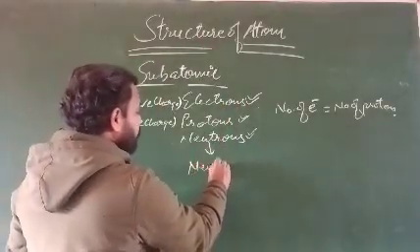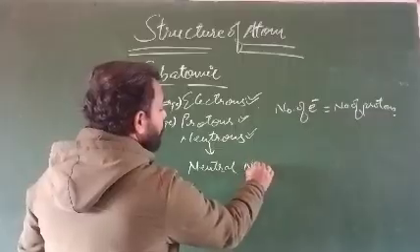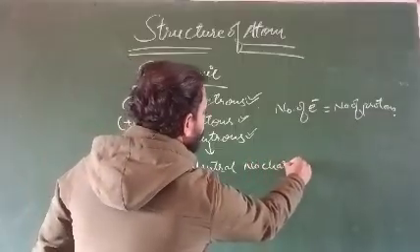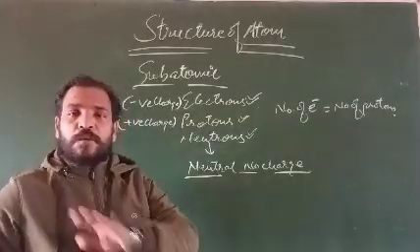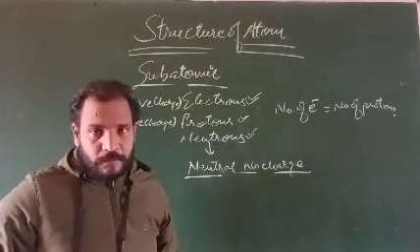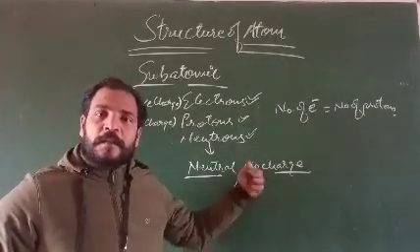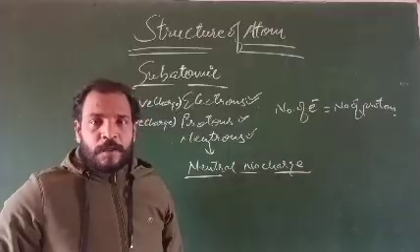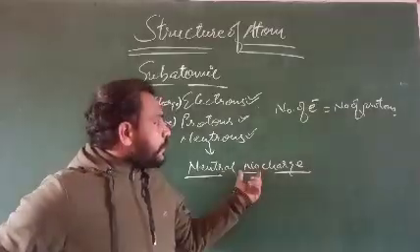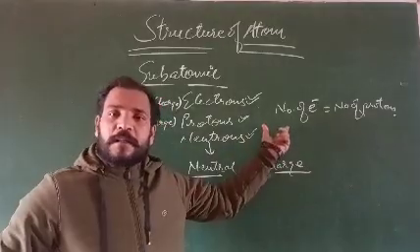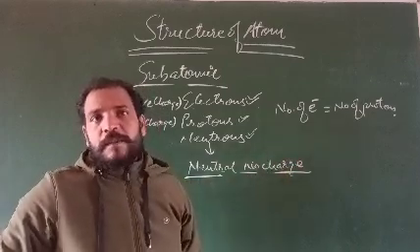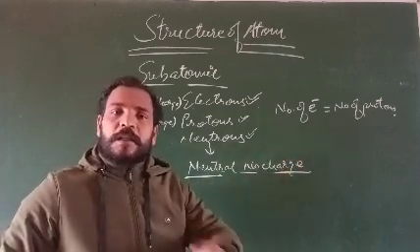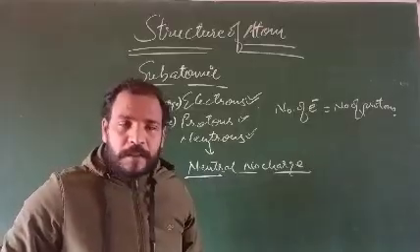Neutron is neutral, meaning no charge. So when an atom has an equal number of electrons and protons, the atom will be neutral. There will be no charge on that atom.